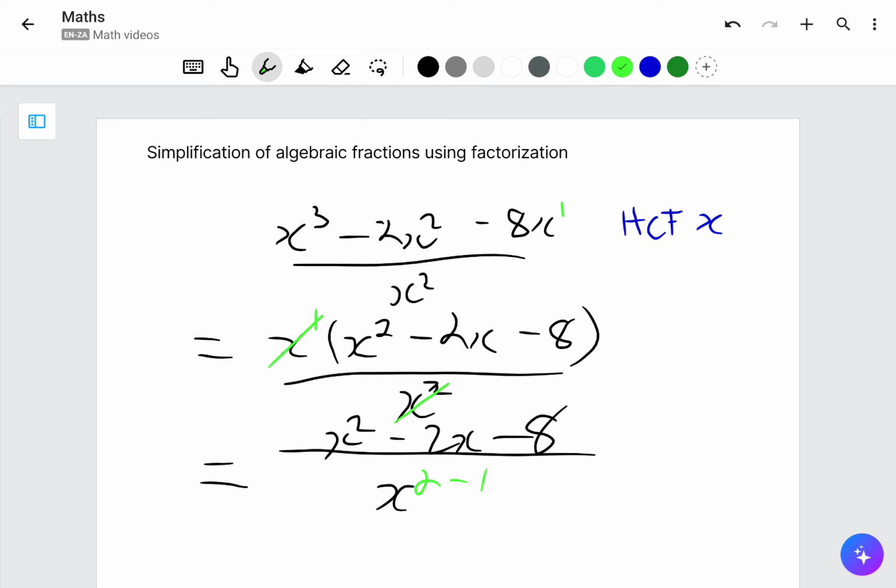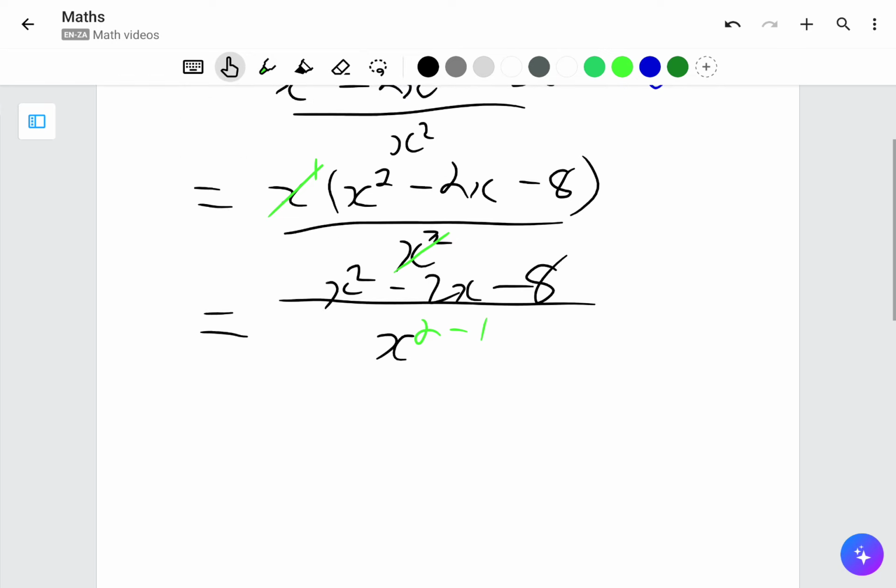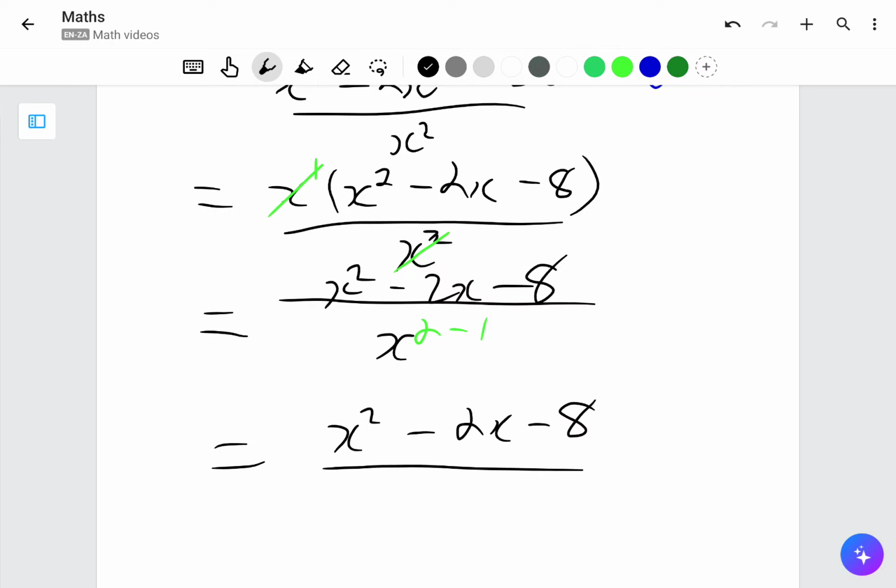Because the 1 will go down. Okay, let's see what happens here. If that happens, we can have x to the 1, right? So that means we have x squared minus 2x minus 8 all over x, because 2 minus 1 is 1, right? So we can just leave it as x. So we can leave our answer just like this.